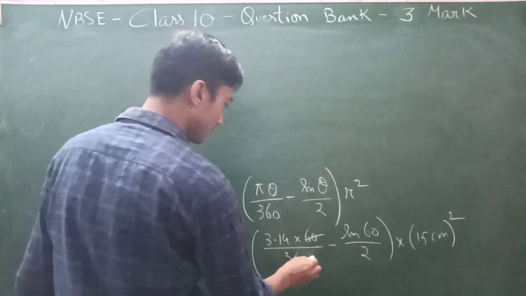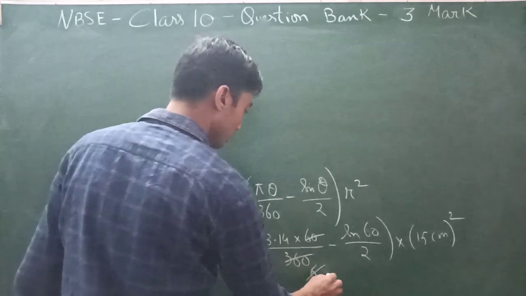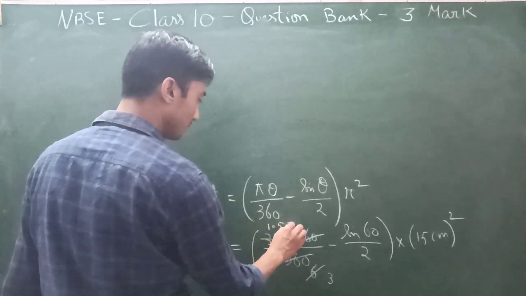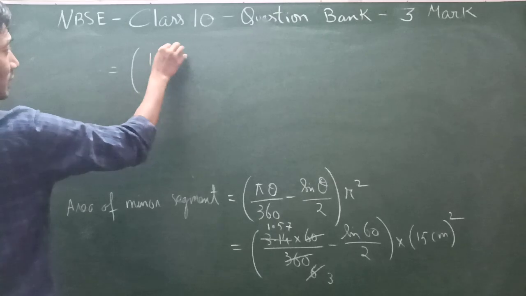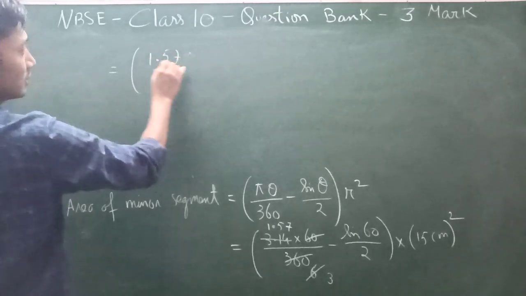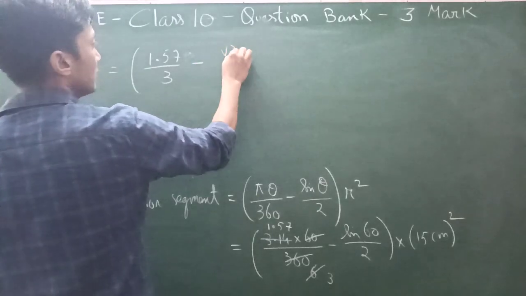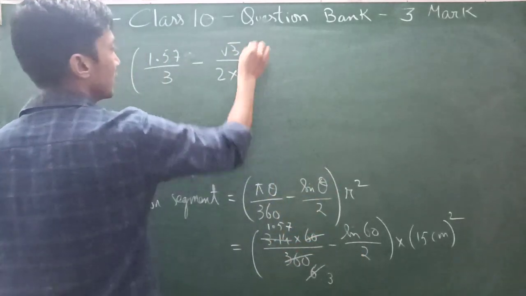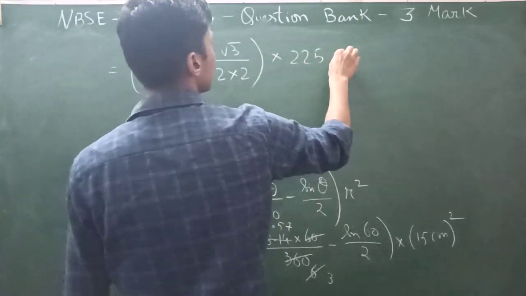So that's like 66 times, 2 3s are 6, 1.57. So we are left with 1.57 divided by 3 minus sine 60 is root 3 by 2, into denominator also we already have a 2, into 15 square, 225 centimeters square.